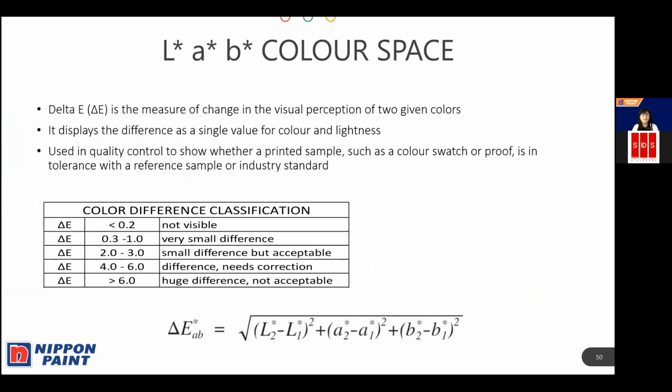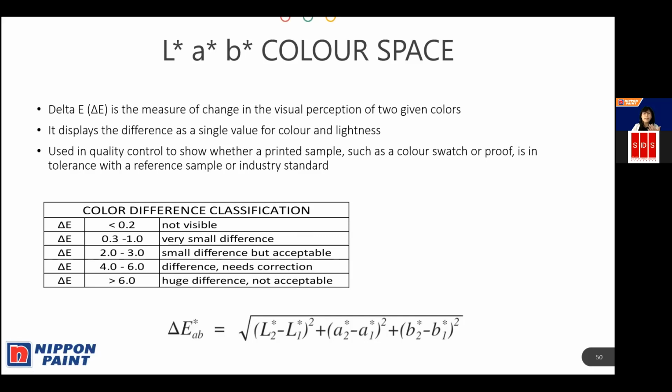Now, for us, we always track what we call the color difference, and we measure color difference by a unit called delta E. We can actually use machines, the same color equipment, to measure the color difference. When we say the color difference is a delta E of 0.2, it is almost not visible to the naked eye.